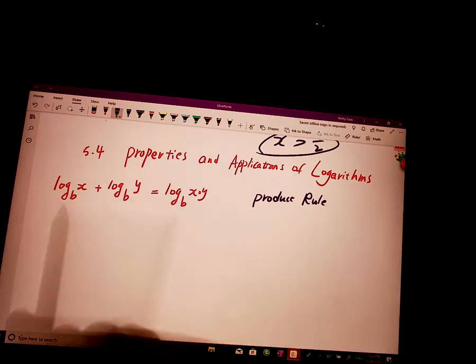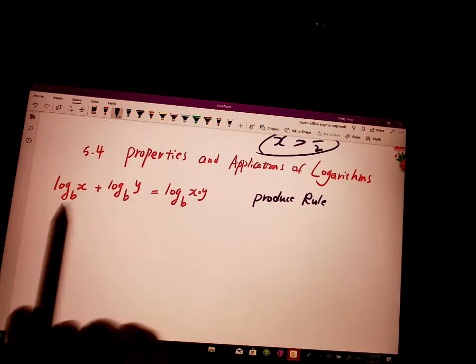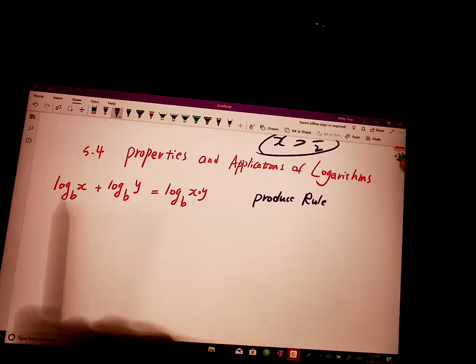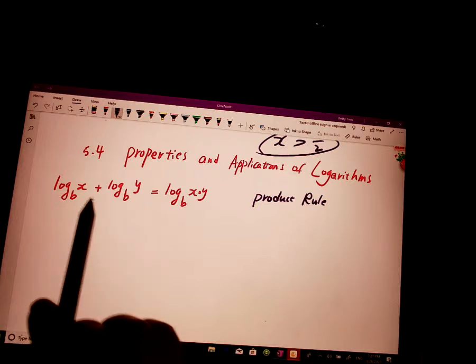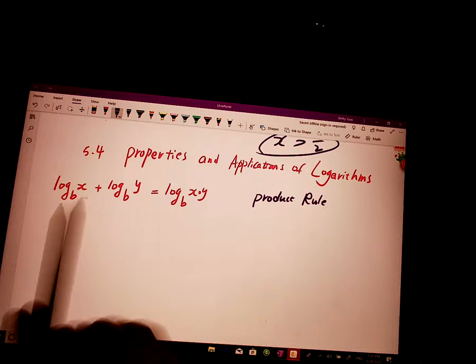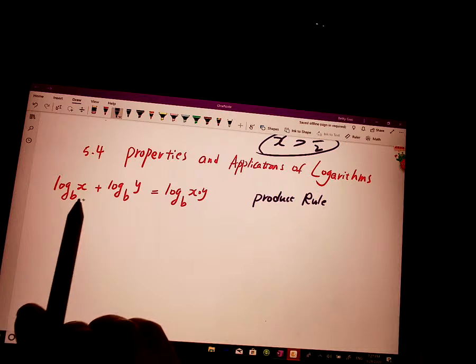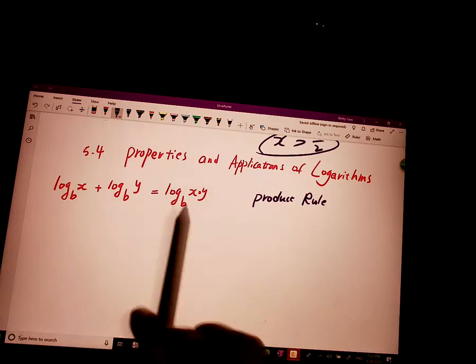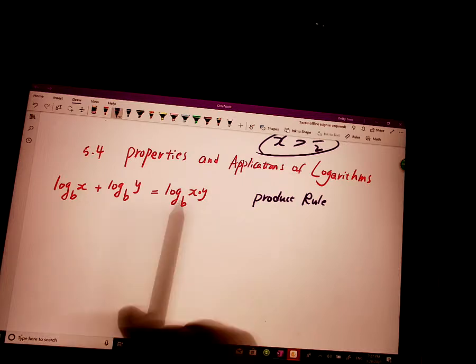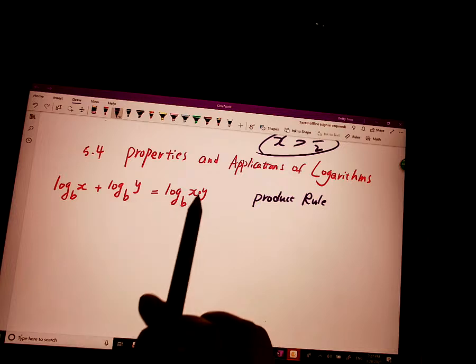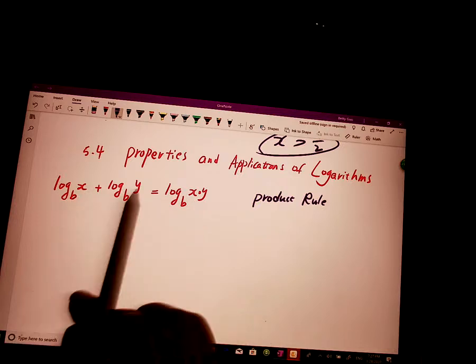If we look at the formula from the left to the right, we are condensing, or adding. From left to right, we are adding two logarithms with like bases together. We get one logarithm with the same base, keep the base, and the anti of the sum is the product of the original two antis.